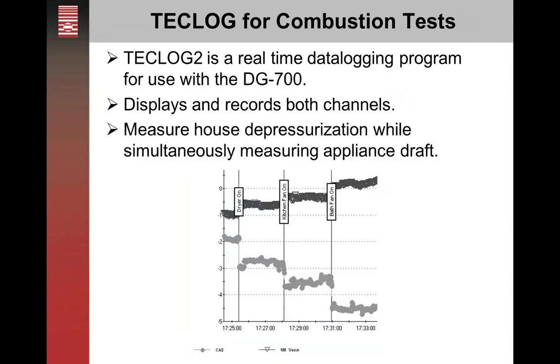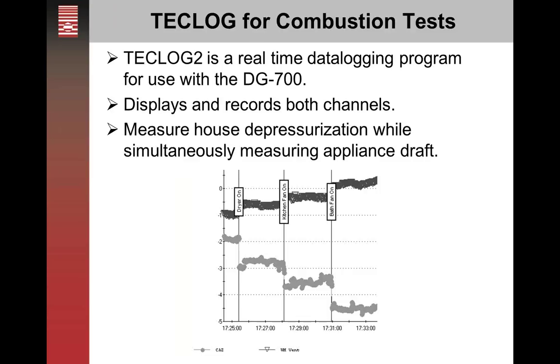When you're using the gauge, we also have the ability to document pressures of the house using a program that we call TECLog2. This is a data logging program that will display and record both pressure channels.